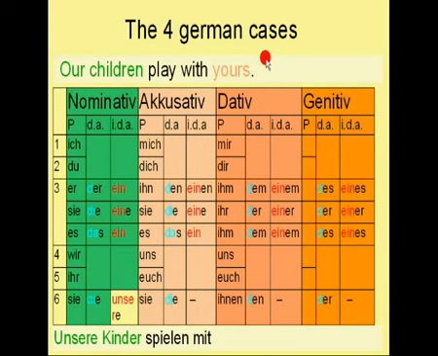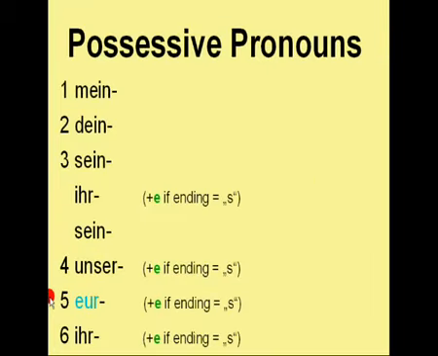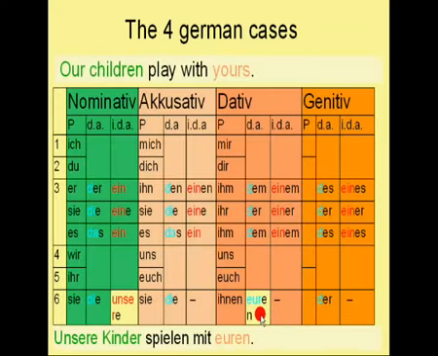Since yours is in the dative case and replaces a noun, we have to look for this column here, for the blue letters. And because children is a plural noun, we have to replace this one here. The possessor is in the second person plural and has the word stem eure. So we replace the blue letter D with this word stem eure. The word is euren, and the sentence reads Unsere Kinder spielen mit euren.